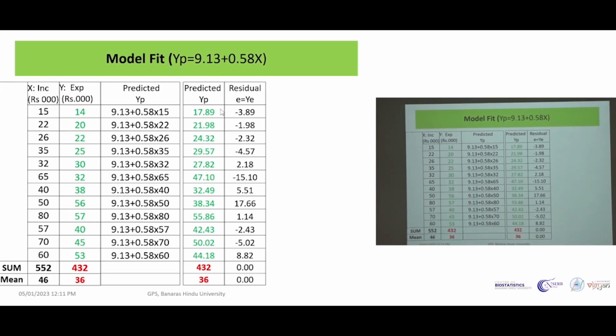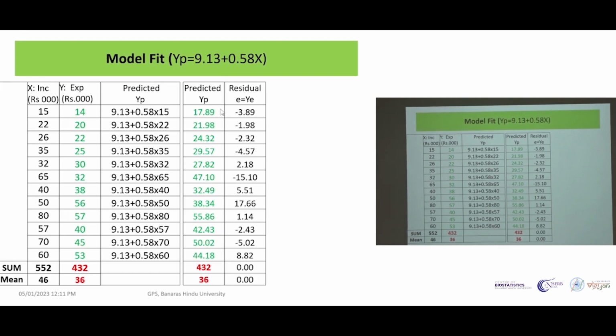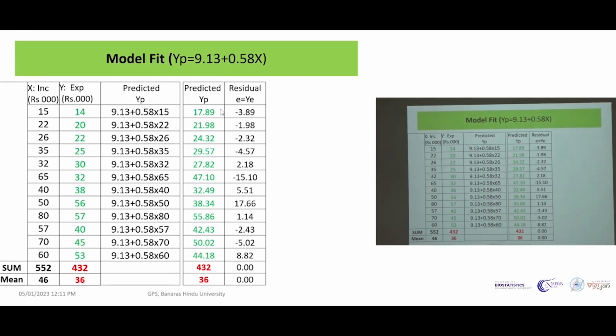Clear? Now, this data is data of what? Which variable?